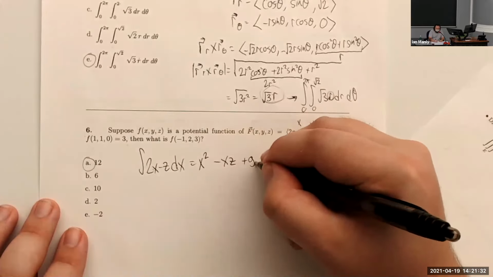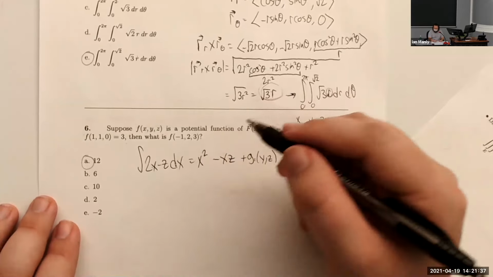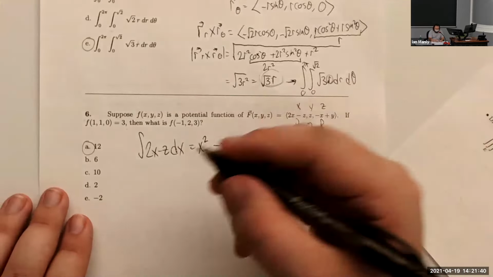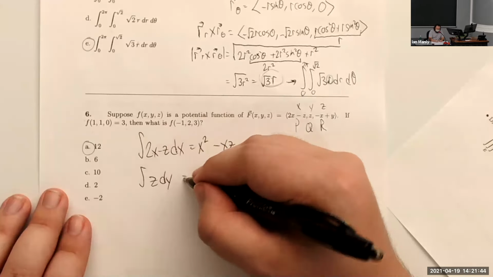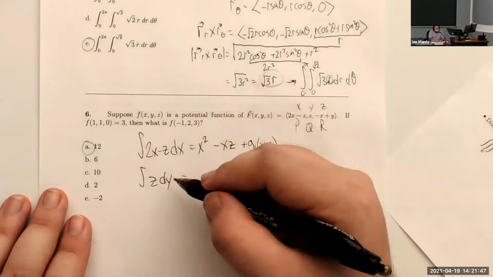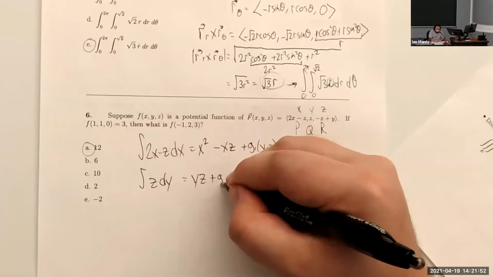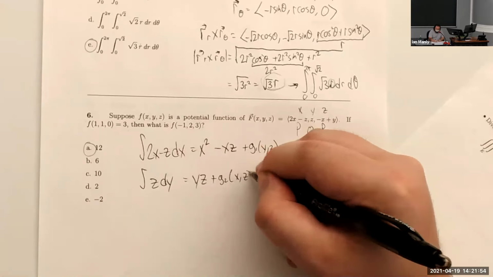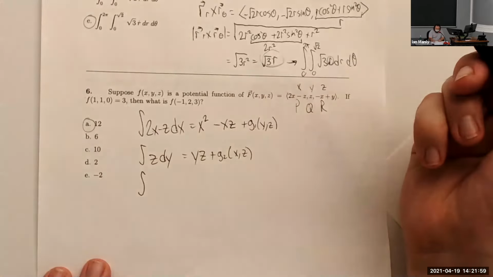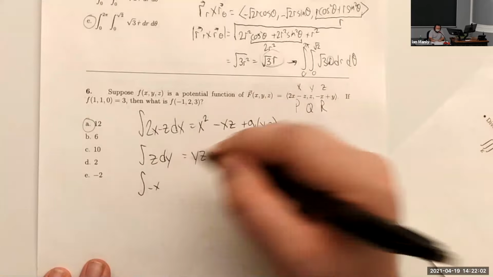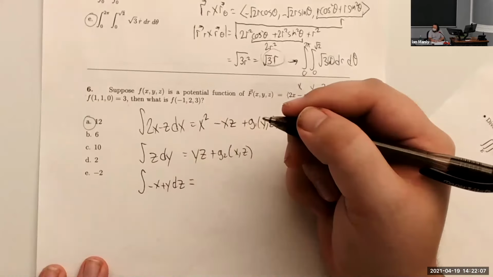And then I could potentially have some stuff that involves y and z, because remember, those are constants when we're working with x here. Okay, next, we have the integral of z dy. So this will probably give something that appears in here. So I do this integral, and I end up getting yz, plus potentially some stuff with x's and z's, which is probably that stuff right here. And then finally, just to make sure we're not missing anything, we have the integral of negative x plus y dz right here.